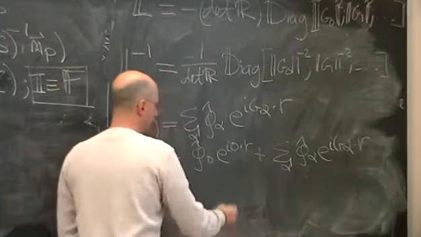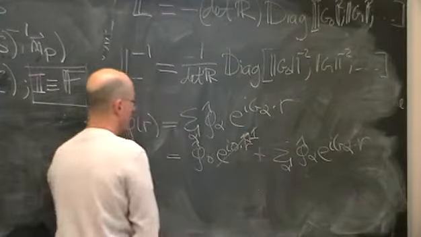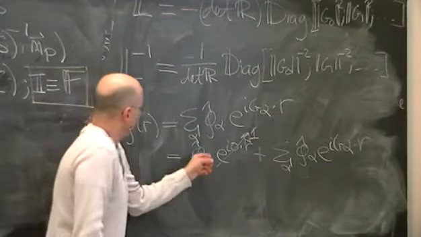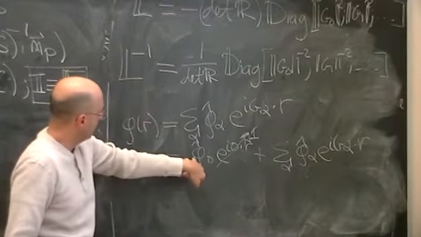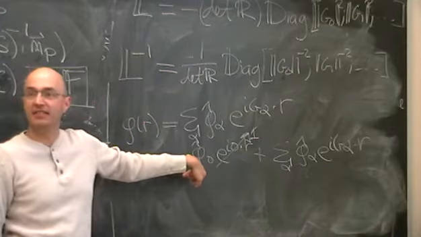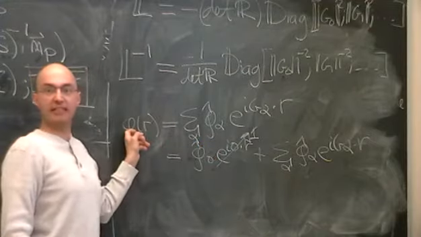And e to the I 0 dot r is just 1. So you'll see, because this thing is infinite, we're going to get an undetermined value for phi naught, but phi naught is just a constant added on to our potential.